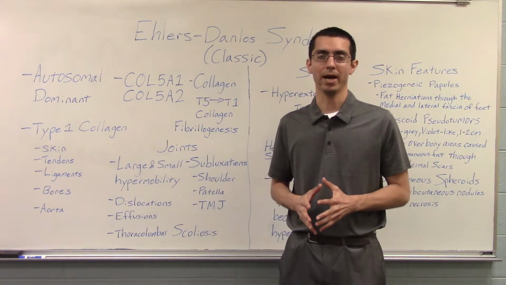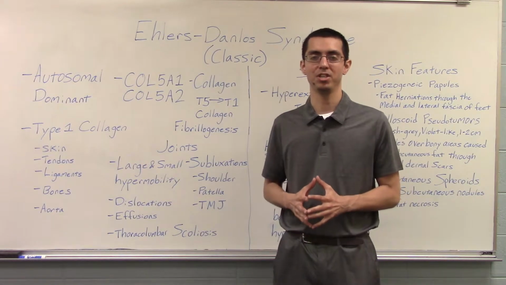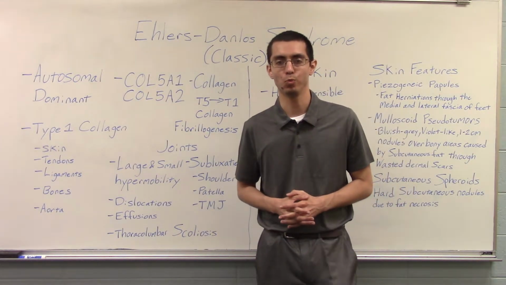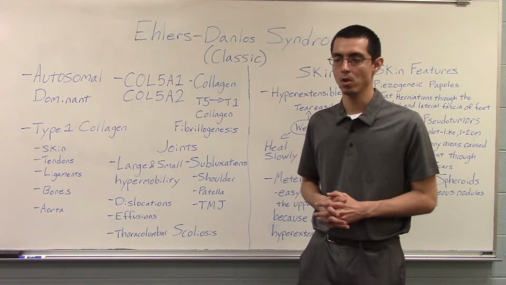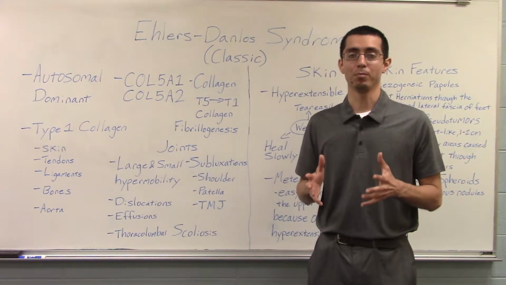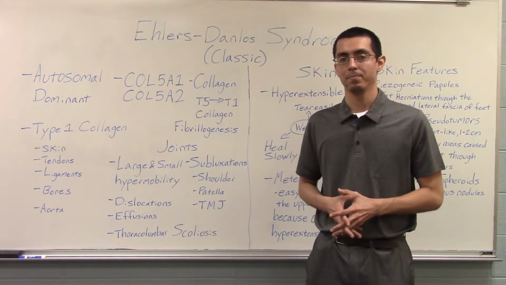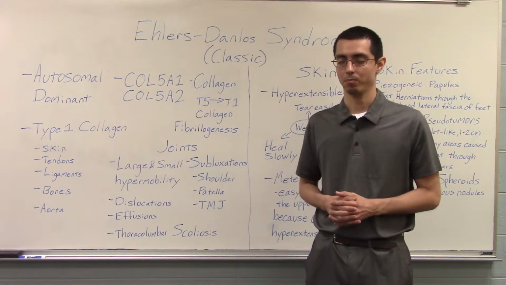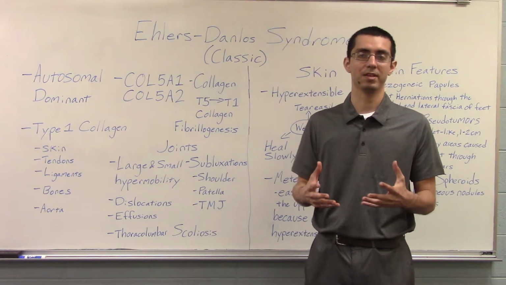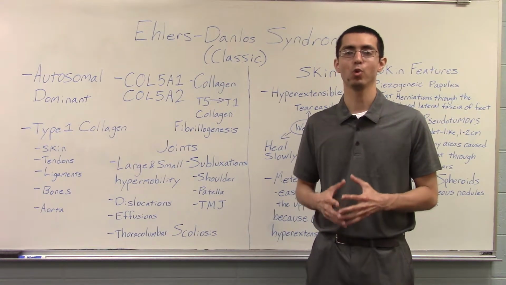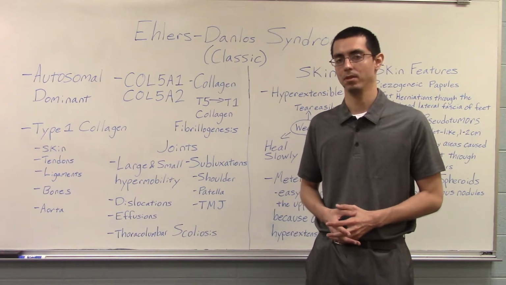It is caused by mutations in the genes COL5A1 and COL5A2, or it may manifest as a de novo mutation in the germ cell of either parent. This basically means that you would be the first person in your family to acquire the syndrome.